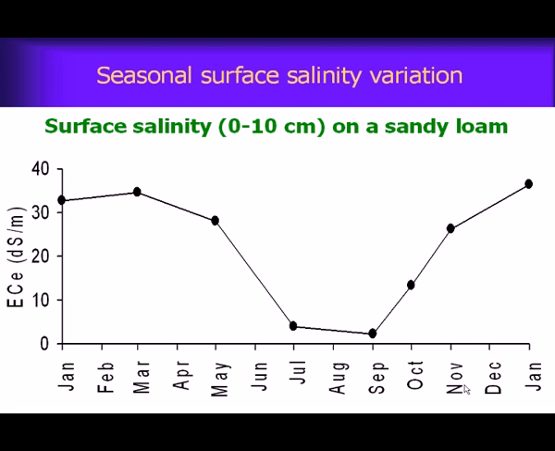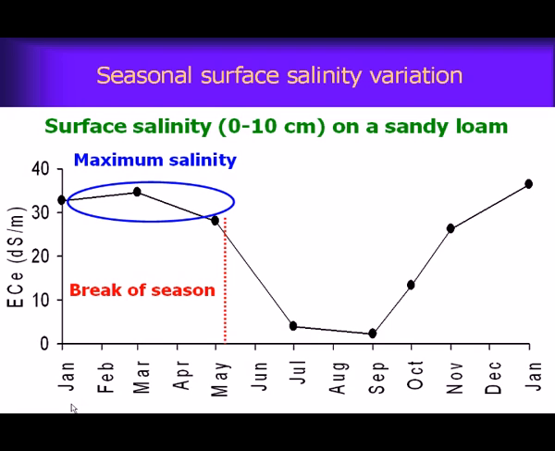And just to illustrate this, we've got here a graph that shows salinity levels on this axis, measured as electrical conductivity units, for a site in Western Australia, and we're looking at salinity levels in the top 10 centimetres. And what you find here is that salinity levels are at maximum over summer and early autumn.